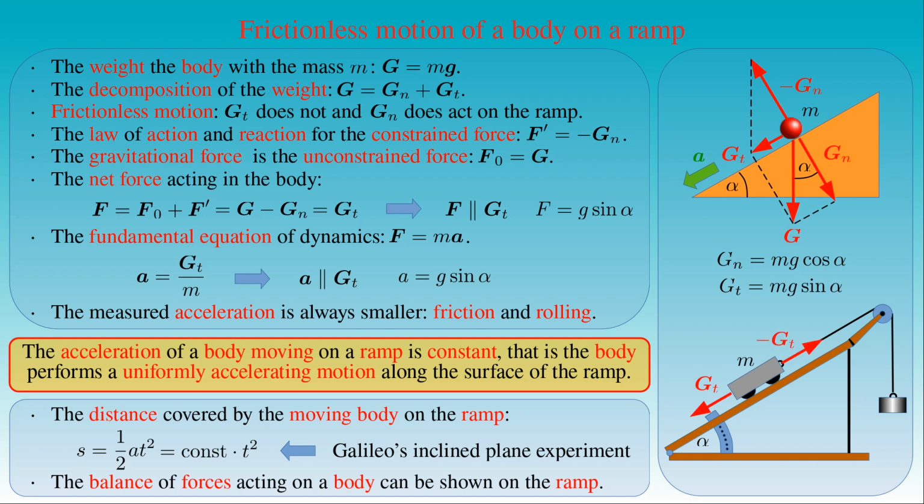Similarly, the force G' acting on the weight under the influence of gravity and the force minus G' exerted on the weight by the string are also in balance. In such a configuration, the magnitudes of the forces minus Gt and minus G' are equal, and given by the mass m of the cart times the magnitude of the gravitational acceleration g times sine alpha. This relationship shows that the inclination angle alpha of the ramp is uniquely determined by the mass m of the cart and the weight G'.